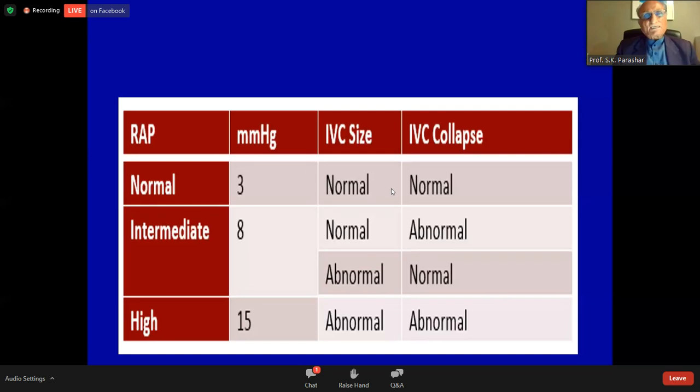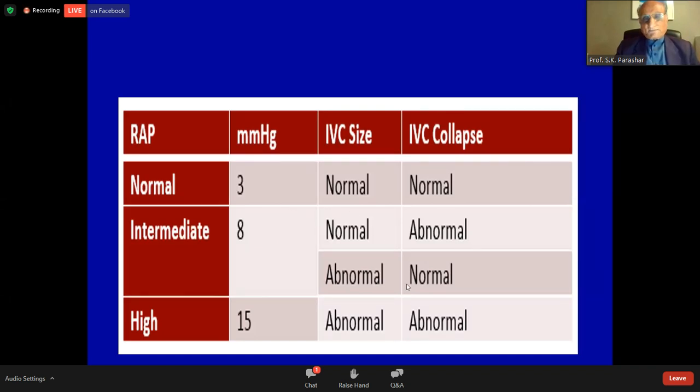Based on the IVC, the general consensus of the pressures is that when both are normal, the mean right atrial pressure is near about 3. When one is normal and one is abnormal, the mean pressure is about 8 with a range of 5 to 10. And when both are abnormal, it is usually more than 15, coming to near about 20.